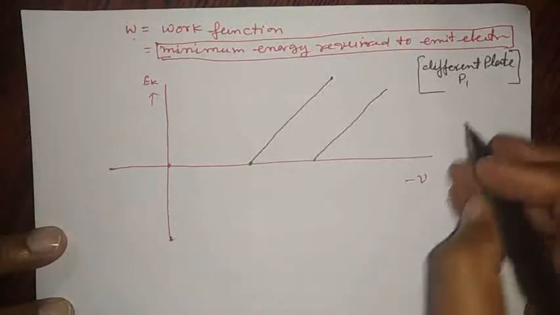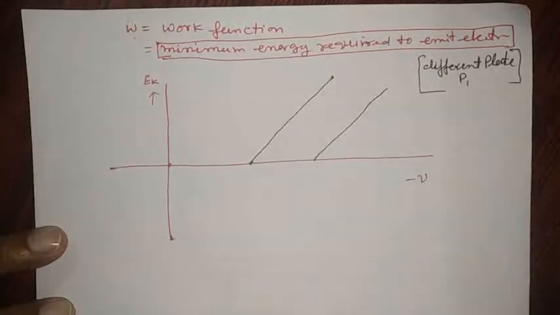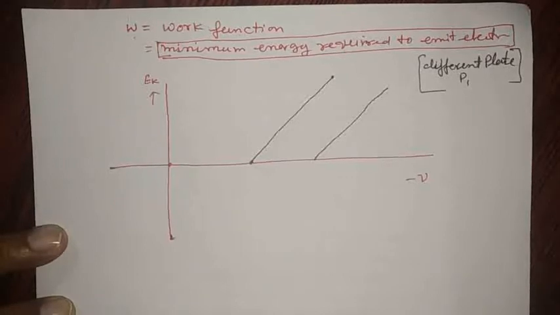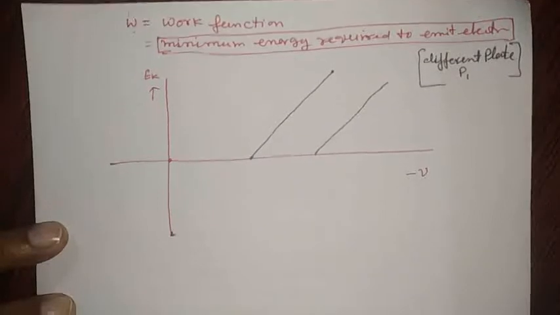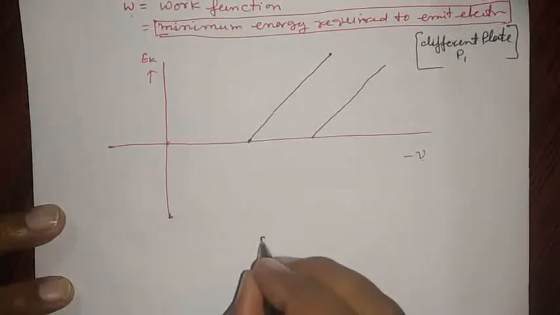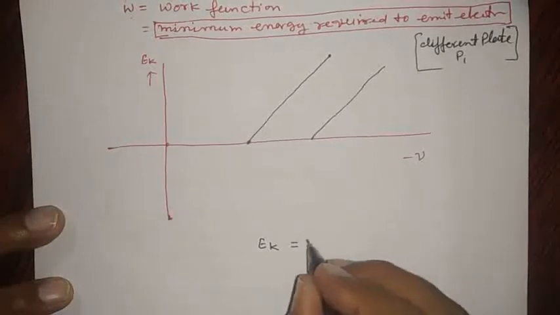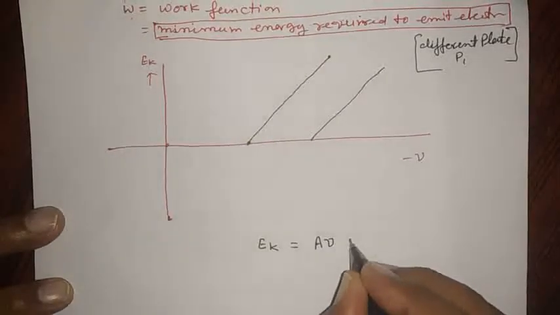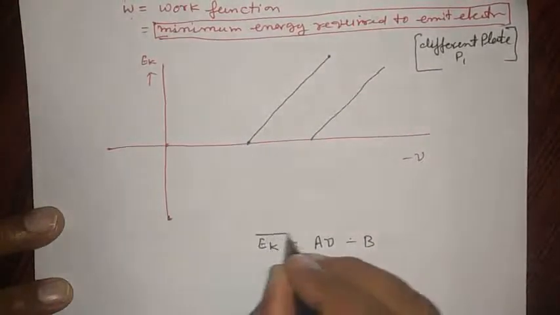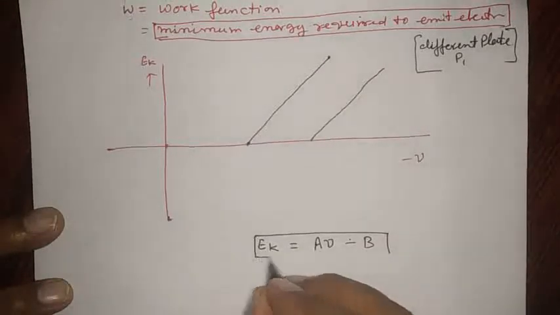The universal straight line equation obtained in this case is, see here, Ek, kinetic energy, is equal to A nu minus B, which we just explained.